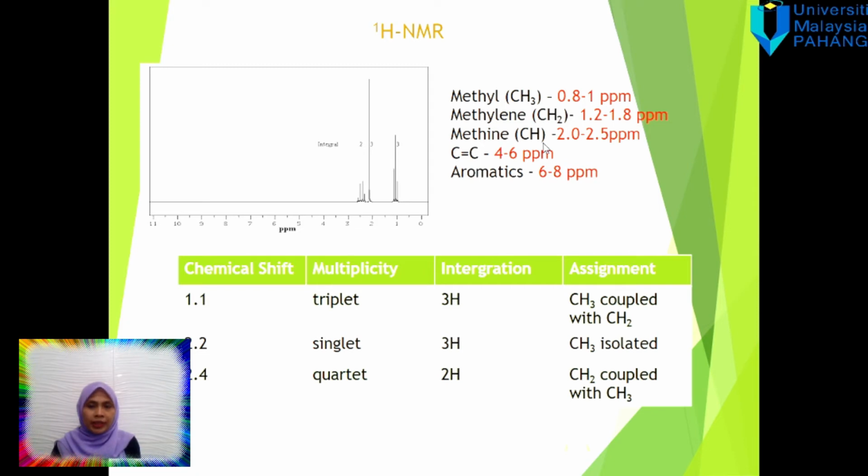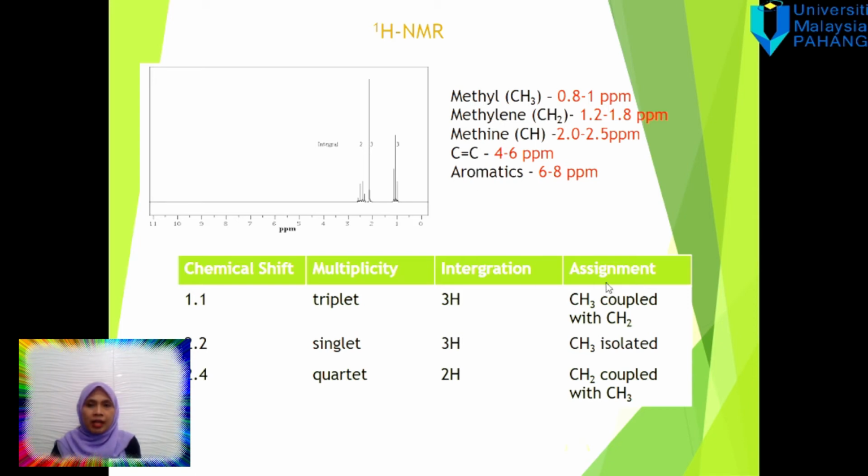Only 2 possibilities. If the integration is 6H, the most likely possibility is 2 groups of CH3. That's how we can recognize the presence of signals for the proton in 1H NMR. Based on this knowledge, we can do the assignment in this table.